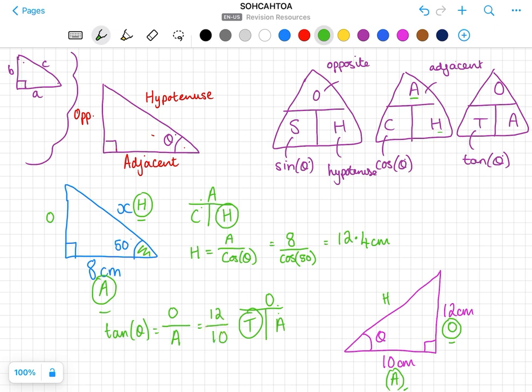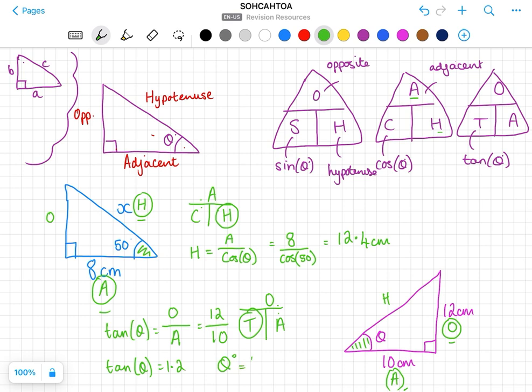Now if we just typed into our calculator 12 divided by 10, we get an answer of 1.2. This is not 1.2 degrees. Now the tan of the angle is 1.2. So how do we work out the angle?